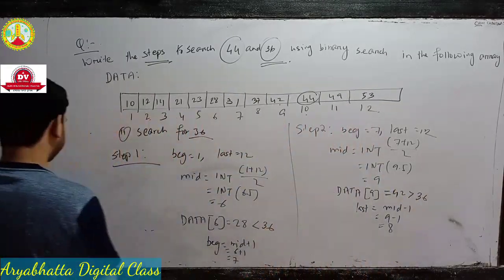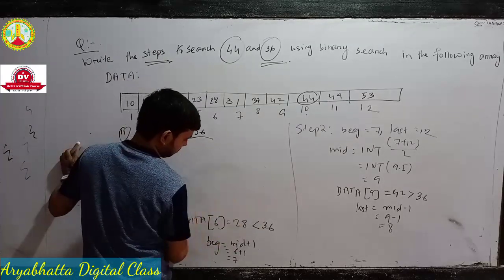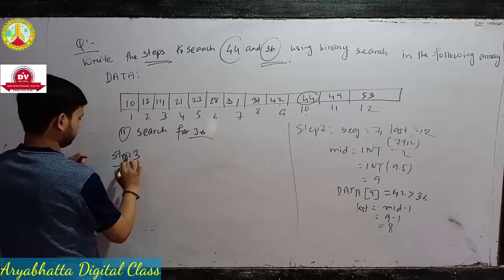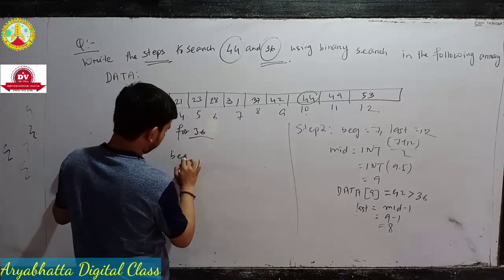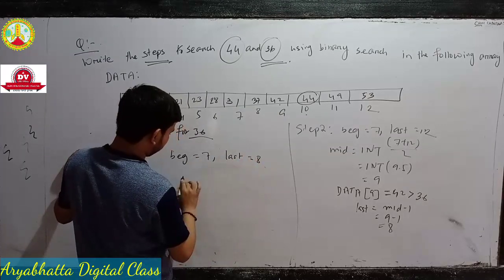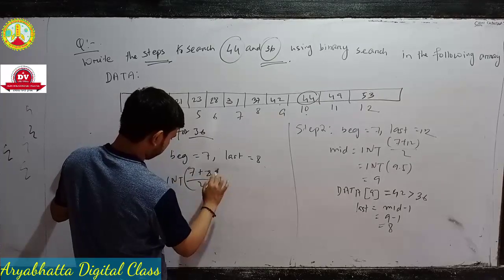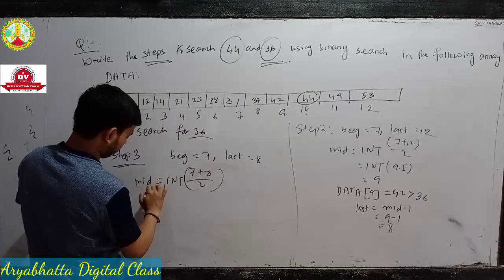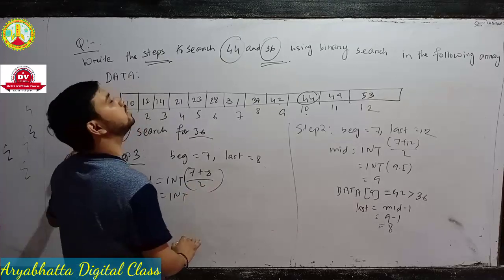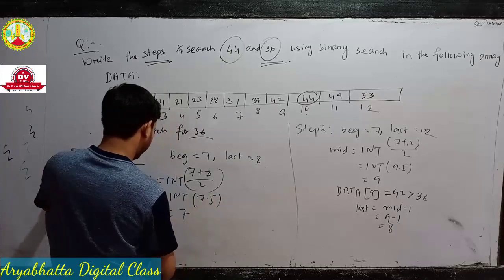Now we have done step 3. Beginning was what? 7. Last is 8. Mid is 15/2, that is 7.5, means 7.